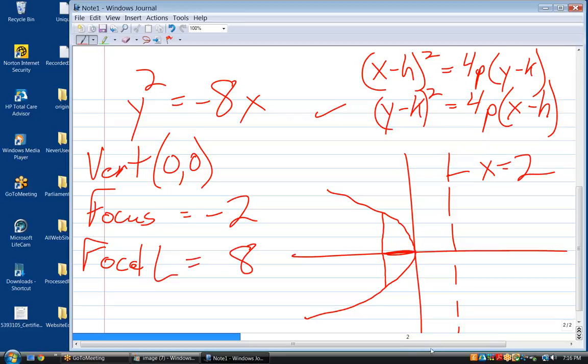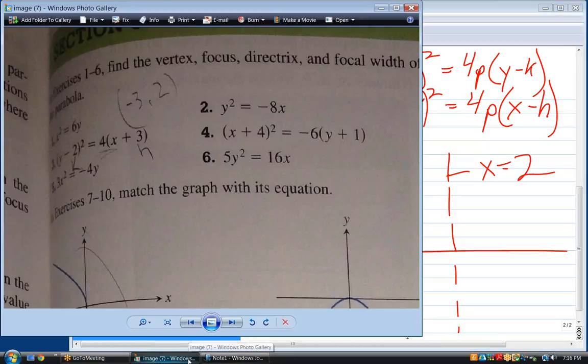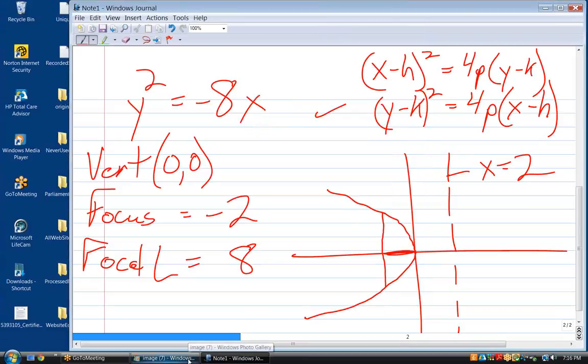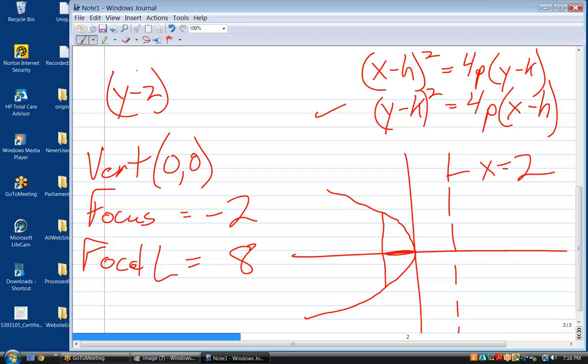Okay. All right, let's get harder ones here. 3. Y minus 2 squared equals 4 times x plus 3. What kind of a parabola are we looking at?